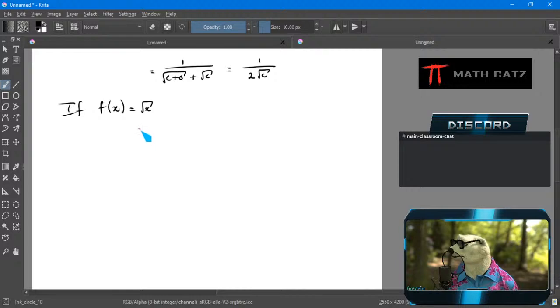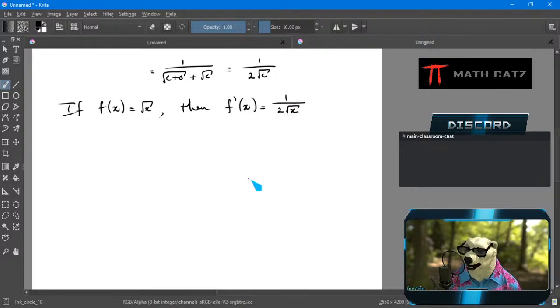The point here is if my function is the square root function, then the derivative function, whether I use a c or an x, doesn't matter, it's just a temporary placeholder, is 1 over 2 root x. But notice that the square root of x is x to the 1/2.